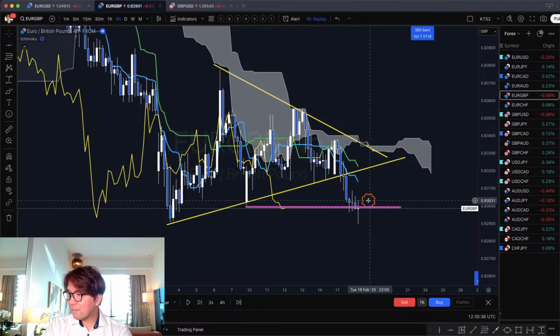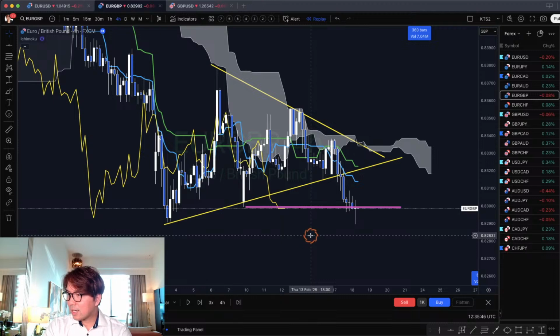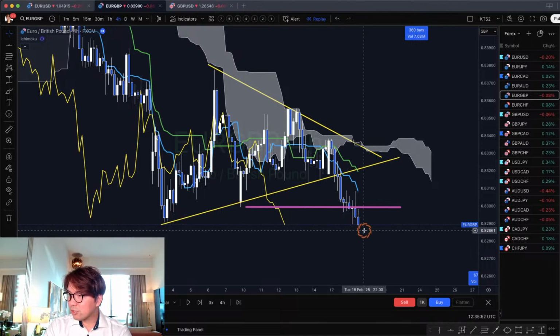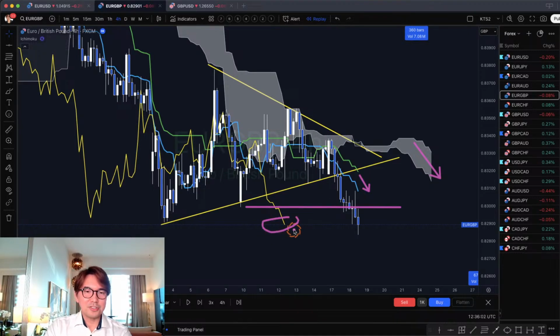Now Kumo Kijun-sen flat, and now there's a doji, Kumo Kijun-sen, Tenkan-sen are down, Chikou span still below the candles, and this bar became bearish bar, and this bar becomes bearish, renews lower, and this is a new downtrend continuation.